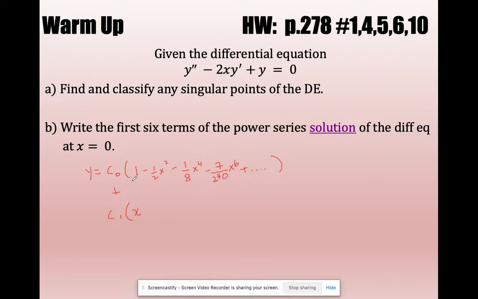Because when I write my power series, c sub 0 x to the 0, which is just 1, c sub 1 x to the first, and then the rest.